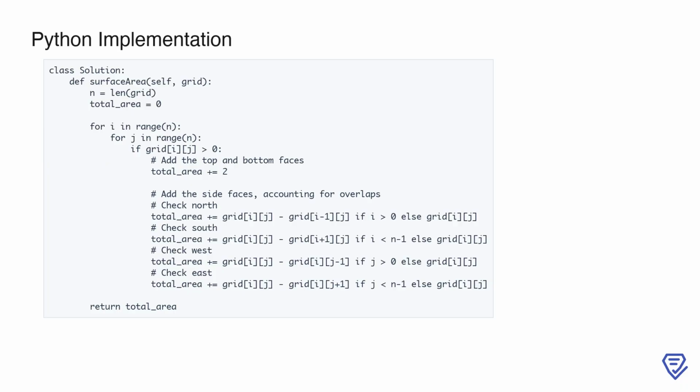For the north (up) direction, subtract the height of the northern neighbor, if it exists. Similarly, calculate overlaps for south, west, and east neighbors. If there is no neighbor in a direction, the entire face is added to the total area. These calculations are performed for each cell in the grid. Finally, the function returns the accumulated surface area.